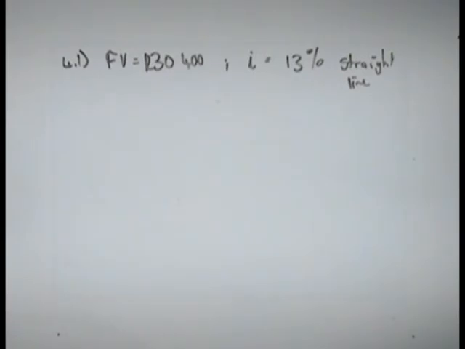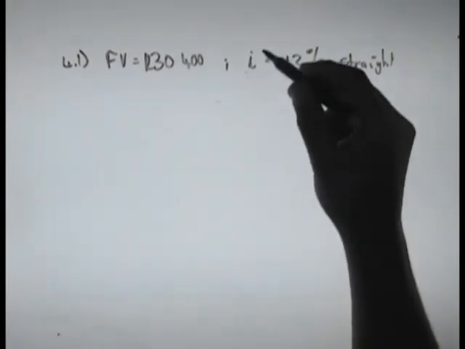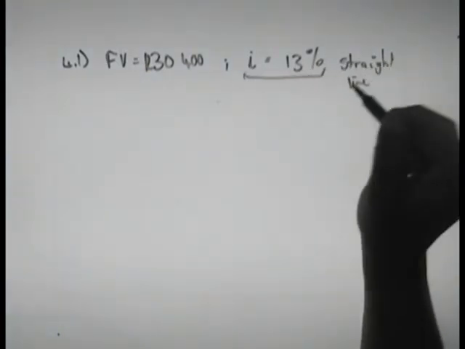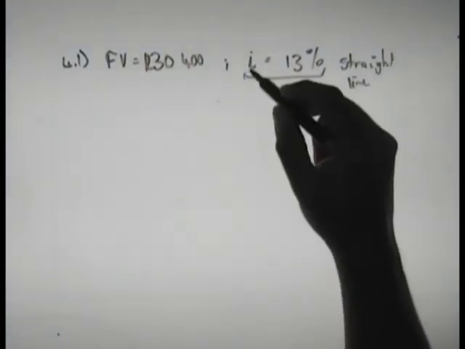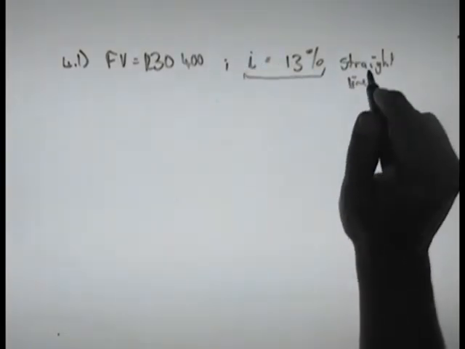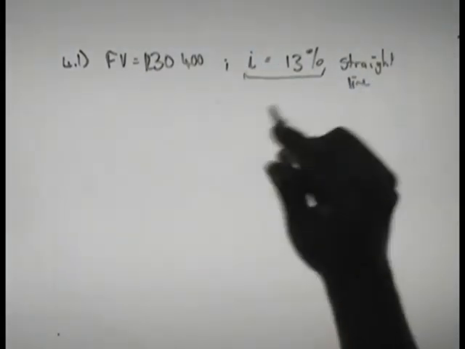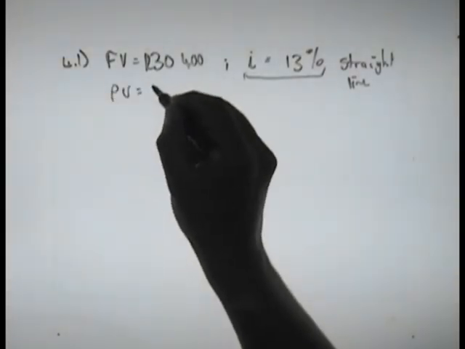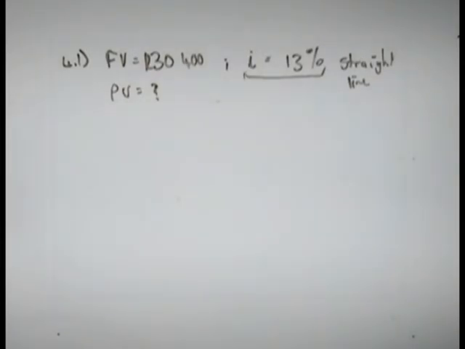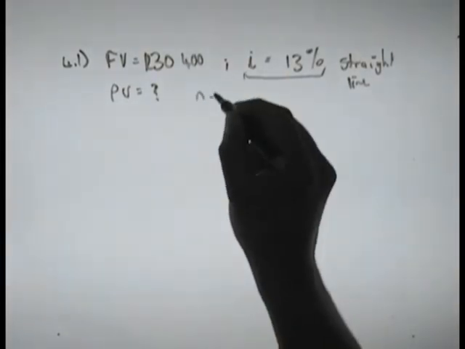Now remember, depreciation, inflation and interest all are given as percentages, and all can take the place of I in a formula, although I should technically be denoting only interest. We are looking for the present value, and we know that it's over a period of 3 years.